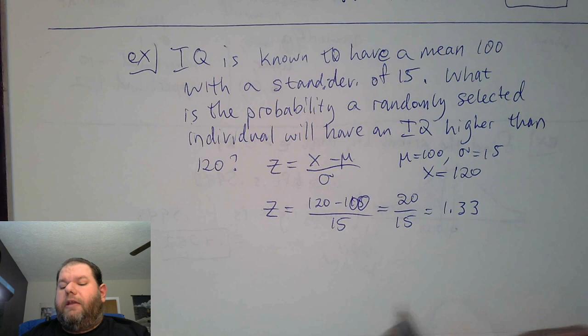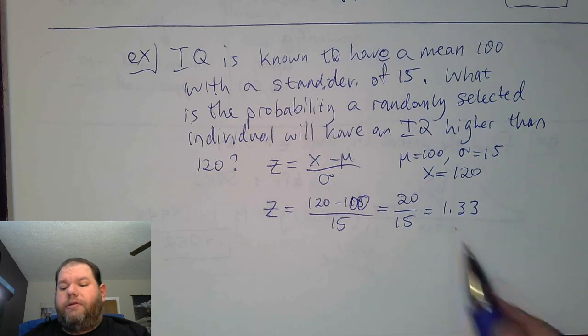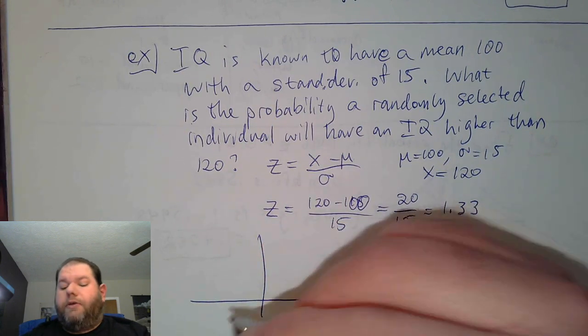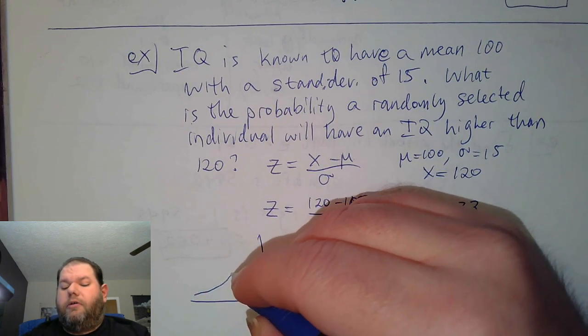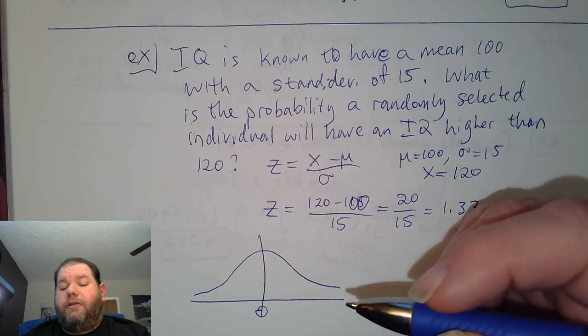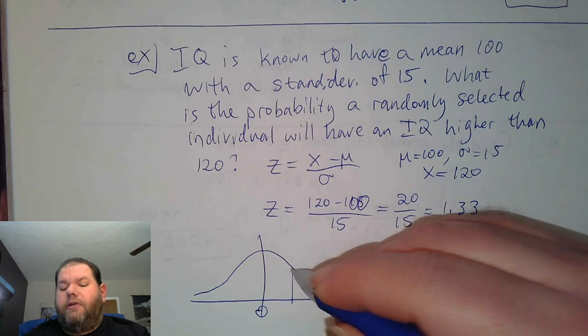Okay, so we calculated a z-score of 1.33. So we draw a bell curve. 0 is right in the middle. 1.33 is somewhat to the right.